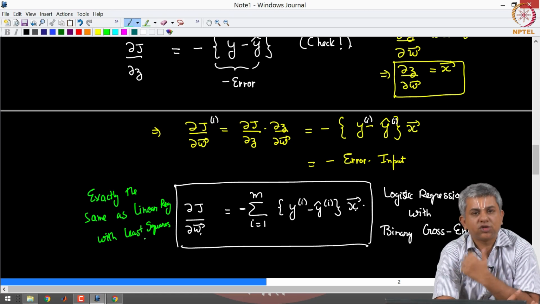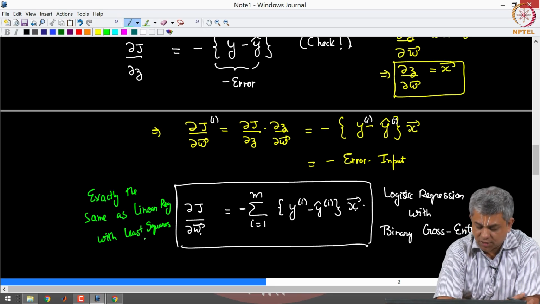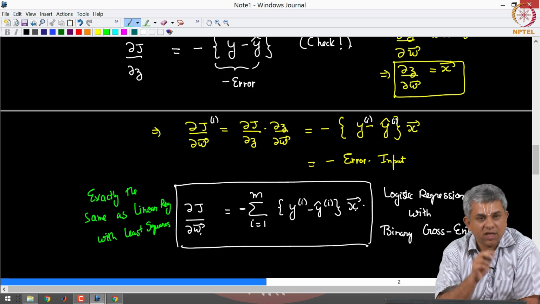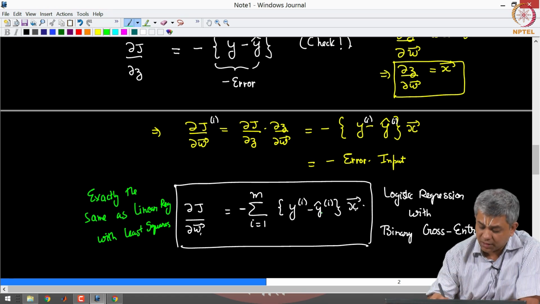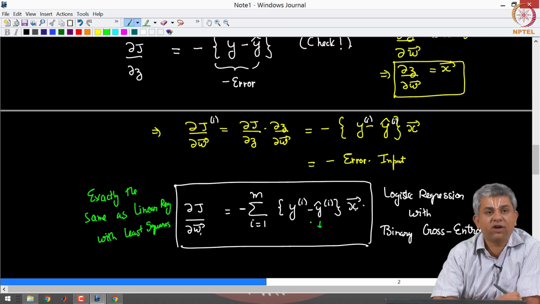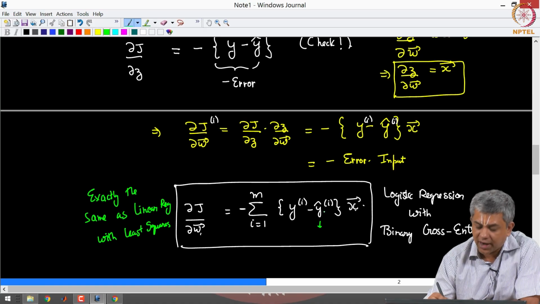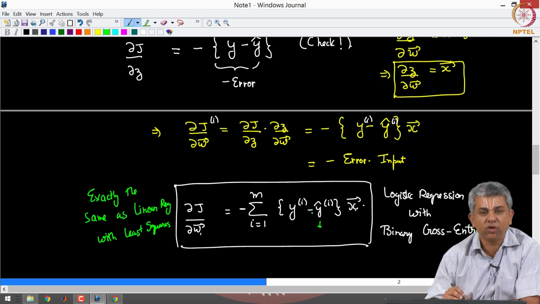The same thing holds true even for neural networks. But the expression is actually exactly the same. This does not mean that the J is the same. Remember that this y hat means different things for linear regression and for logistic regression. For linear regression, y hat was simply w transpose x. For logistic regression, y hat is now sigmoid of w transpose x. So, please do remember that.